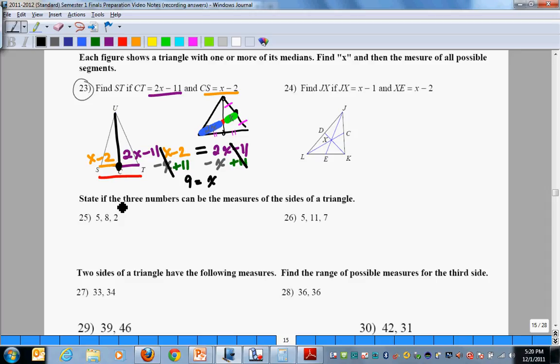And then if 9 equals x, I can plug in 9 here and here. In either case, I'm going to get 7, because 9 minus 2 is 7. 2 times 9 is 18, minus 11 is also 7. So I have 7 and 7. I'm asked to find S to T, so 7 plus 7 is going to be 14.